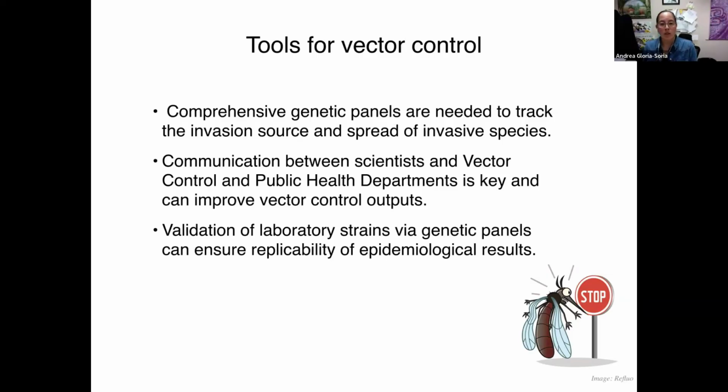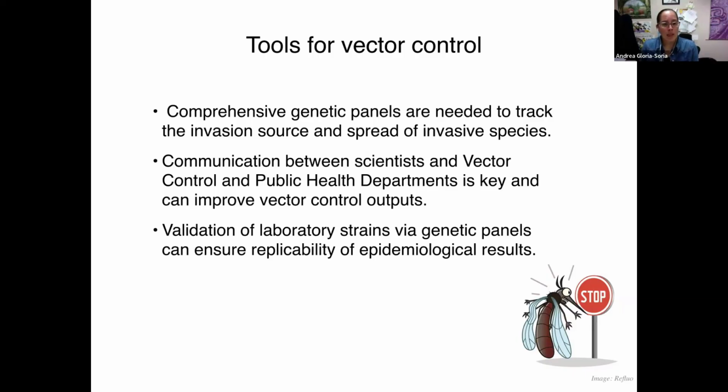Because first of all, I would not know about the introductions if the mosquito control departments wouldn't tell me about them or wouldn't send me the specimens. But then once I have a result and I communicate it back, they can take action immediately. And so this communication, again, is really important to make things happen. And finally, with these panels, we can validate our resources, our laboratory strains, to ensure replicability in all our experiments.